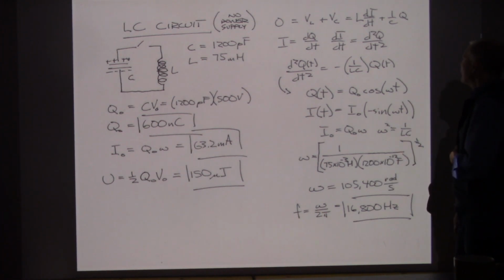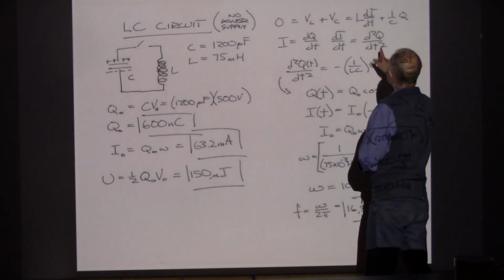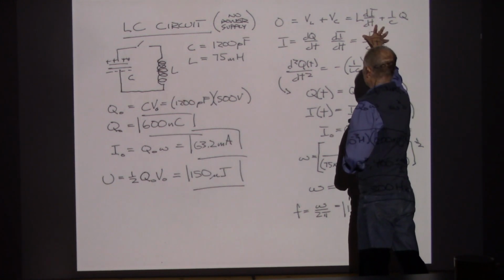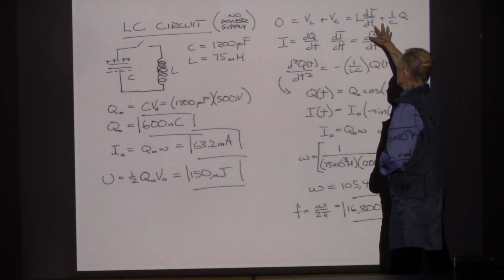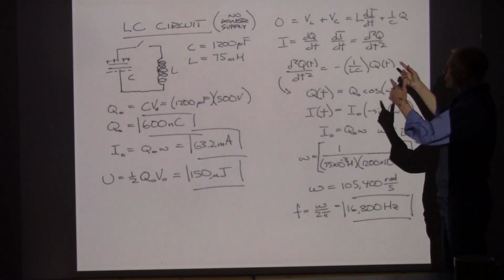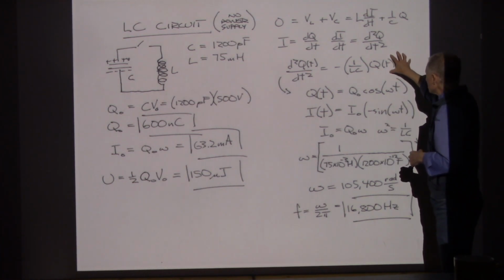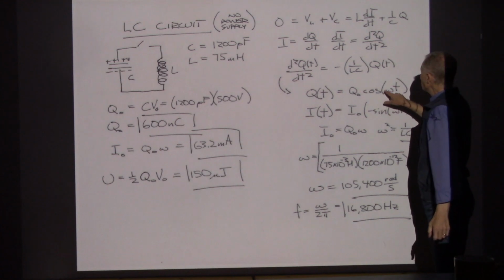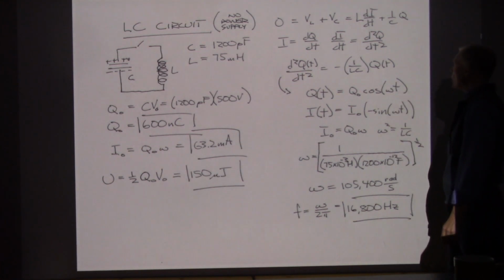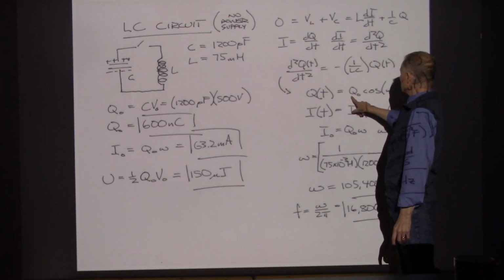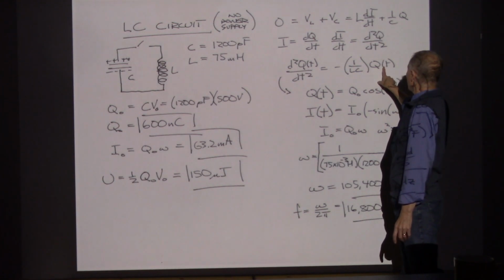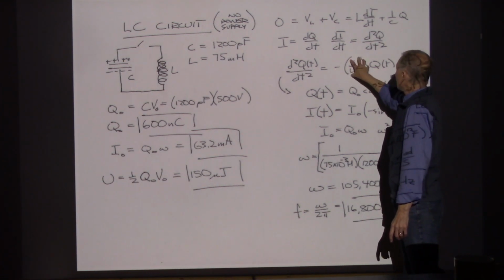But I'm hoping, at least for a good number of you, that this is something that's somewhat familiar and actually is making some sense. So what we do is we come back up to this circuit, to this formula, and say the second derivative can be set equal to, solving for this, 1 over LC times Q(t). Now there was an earlier slide that had this formula listed. When we solve that equation, the solutions are sines and cosines, because if I take the second derivative of this function, I get the same function back again with a minus sign and some constants.